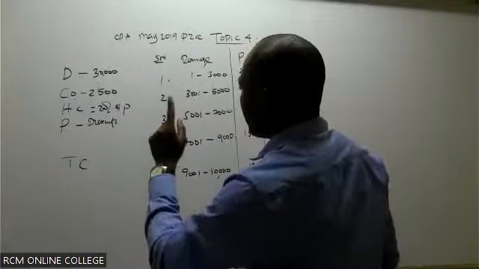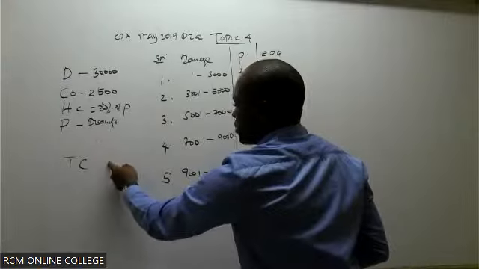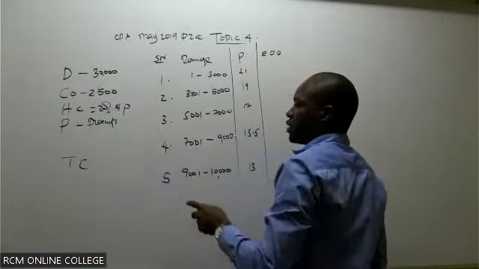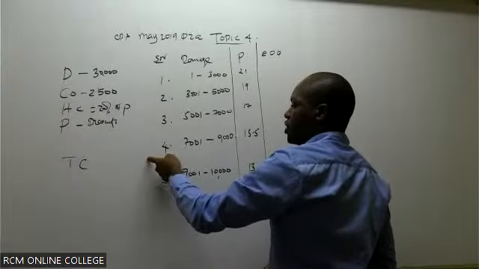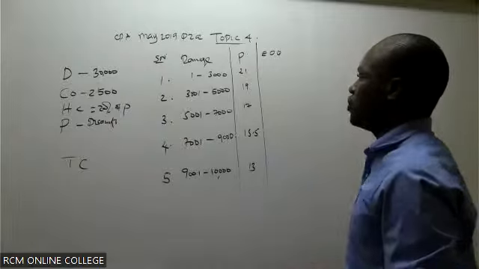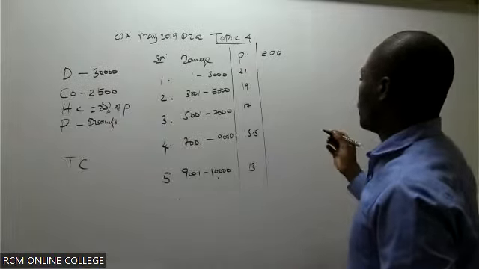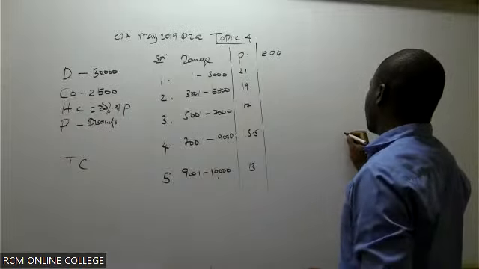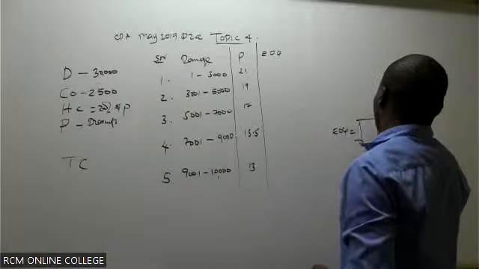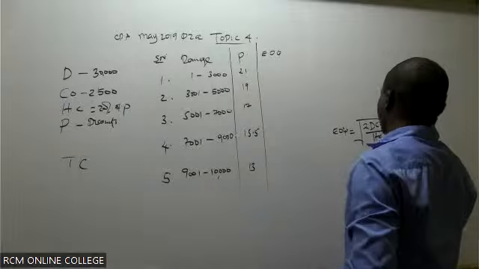Remember our total cost must include demand times purchase price plus number of orders multiplied by ordering cost plus quantity divided by 2 multiplied by holding cost. That's what we are going to do. We've not forgotten the formula: economic order quantity is equivalent to the root of 2DCo over Ch.